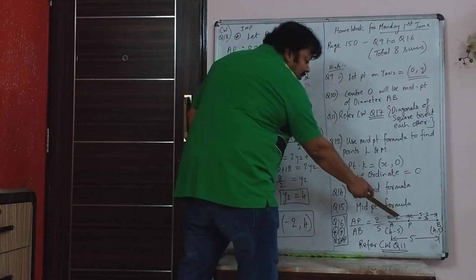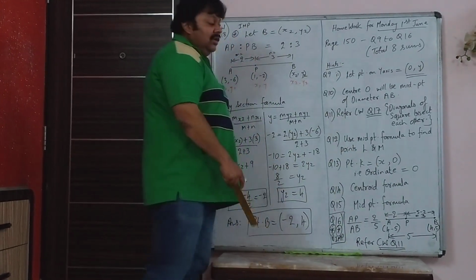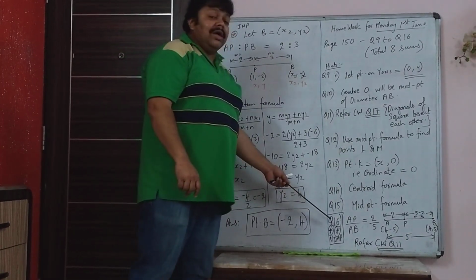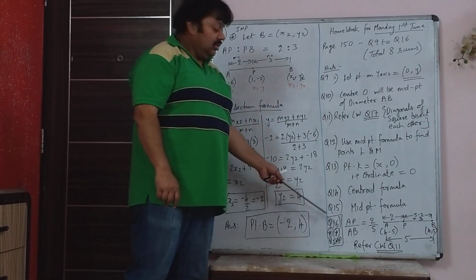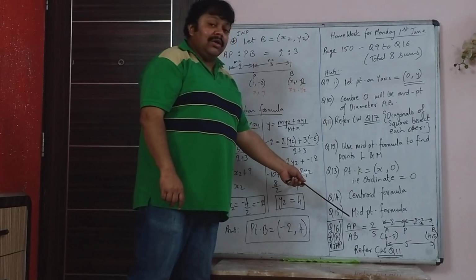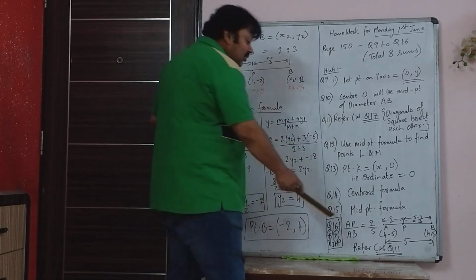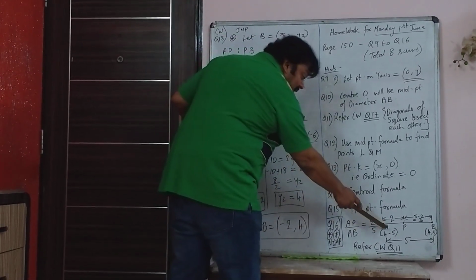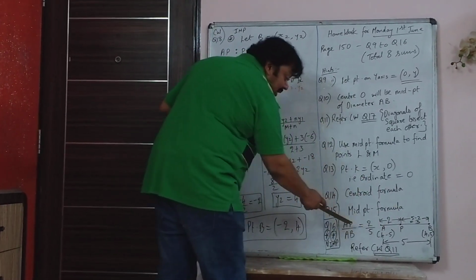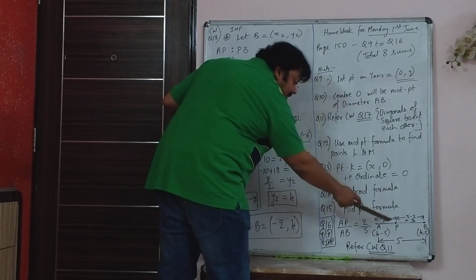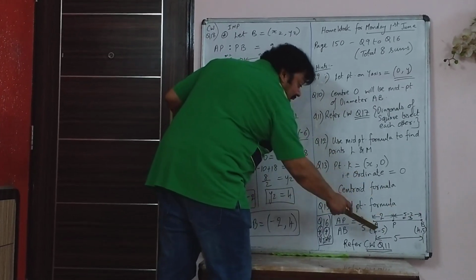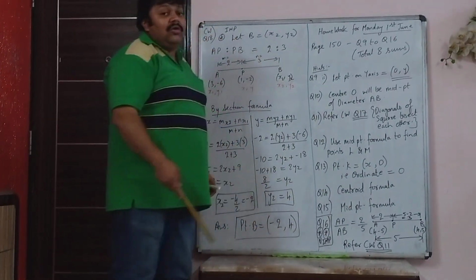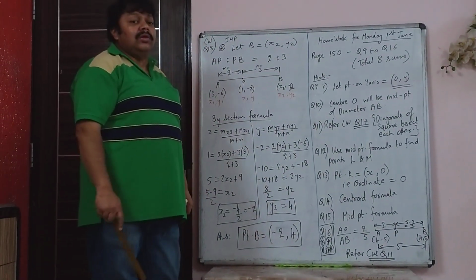So you will take m as 2 and n as 3 and then use the section formula and do that sum. So mark the last homework sum as very important. It is similar to question number 11 of classwork, and the ratio is not actually 2:5. Because AB is 5 parts and AP is 2 parts, your BP will be the entire 5 minus 2, that is 3. So the ratio m:n will be 2:3.